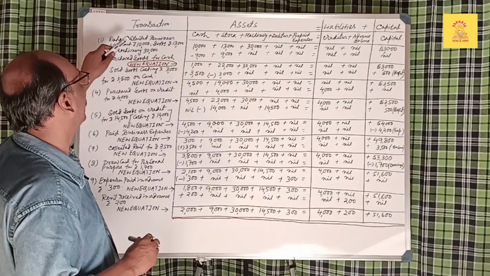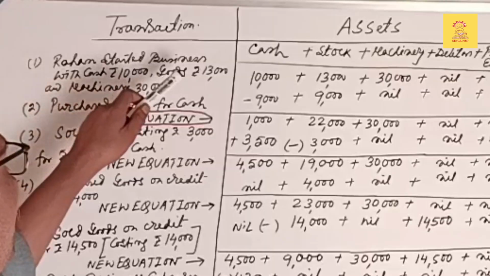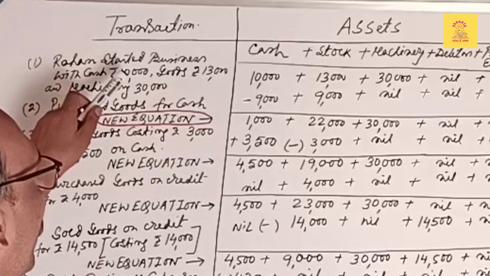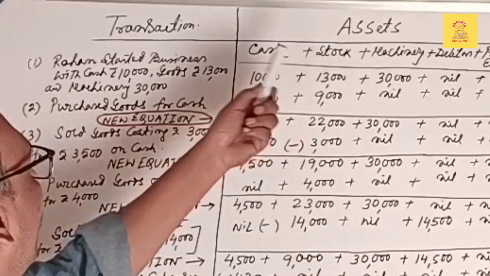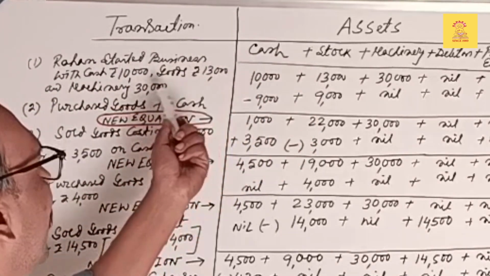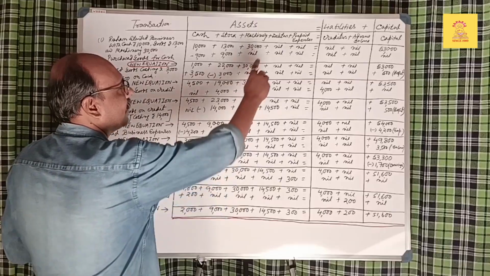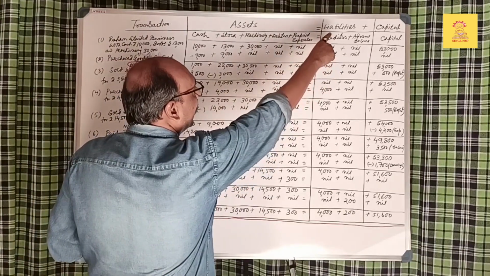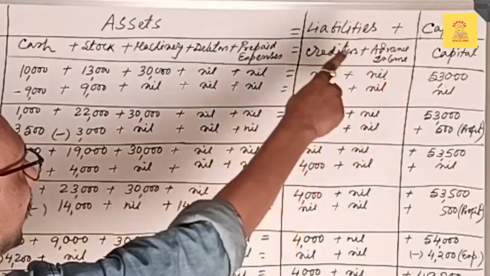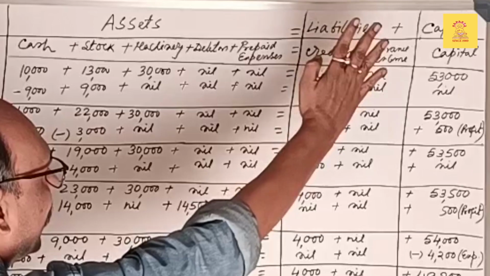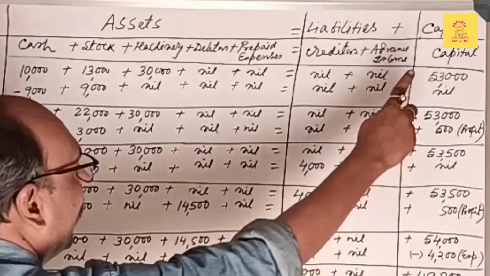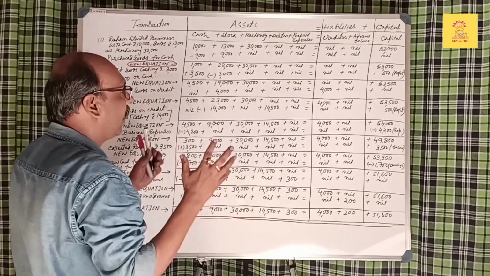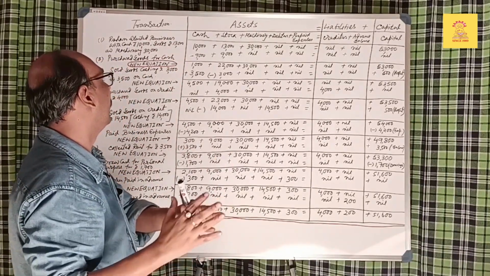First transaction: Rohan started business with cash rupees 10,000, goods 13,000, machinery 30,000. So cash introduced 10,000, stock of goods 13,000, machinery 30,000. So no effect on debtors, prepaid expenses and other assets. And liabilities, the same thing, no effect on creditors or advance income, but it affects capital by 53,000, because 10,000, 13,000, 30,000 together he has given into the business.